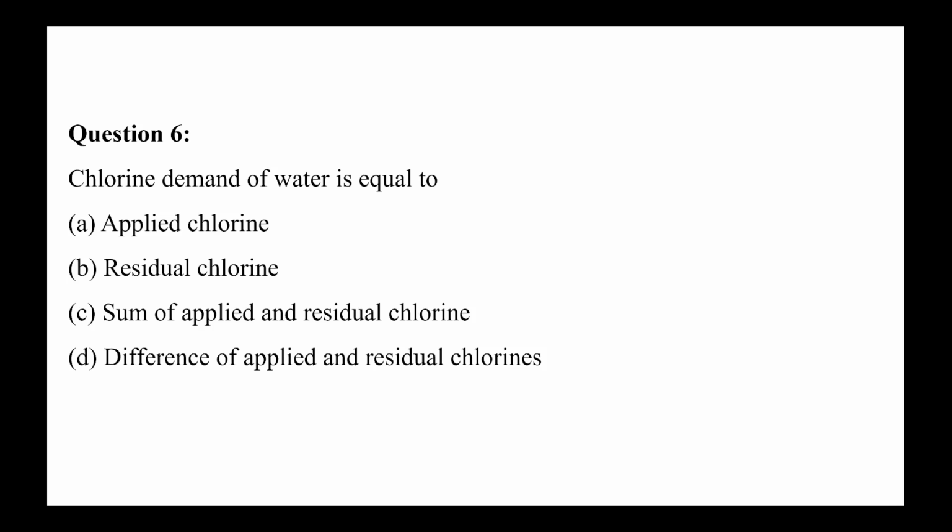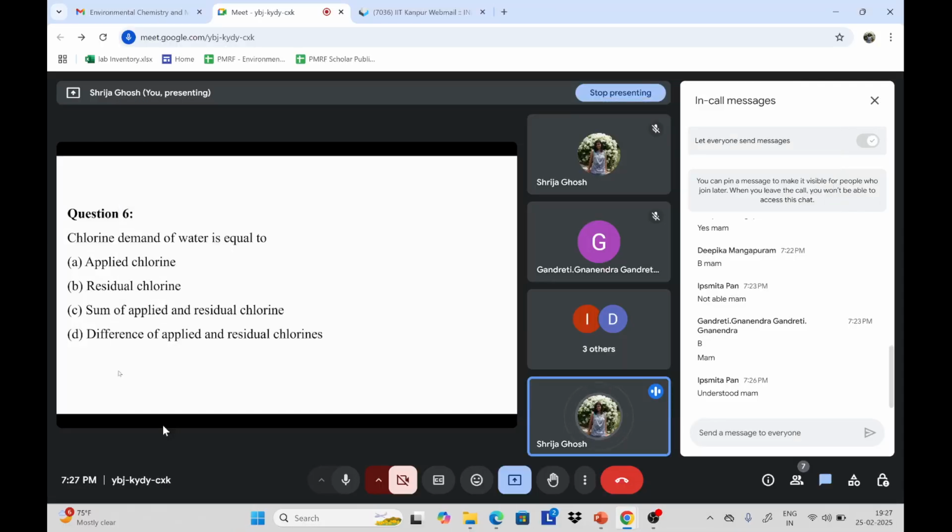Question number 6. Chlorine demand of water is equal to option A, applied chlorine, option B, residual chlorine, option C, sum of applied and residual chlorine, and option D, difference of applied and residual chlorine. Chlorine demand of water is equal to what?